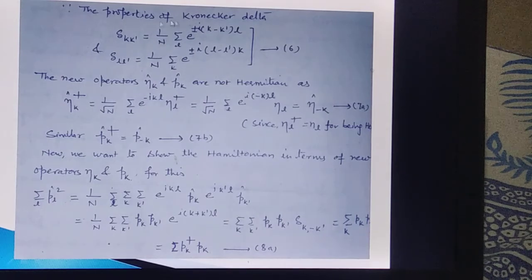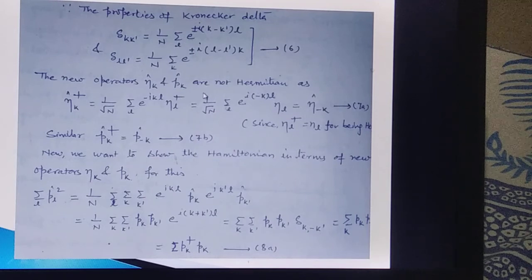So these are the properties of Kronecker delta: delta k k dash equal to 1 upon n summation l exponential plus minus i (k minus k dash) l, and similarly delta l l dash equal to 1 upon n summation k exponential plus minus i (l minus l dash) k. So in terms of these new operators eta k and pk, we have to write down the Hamiltonian.